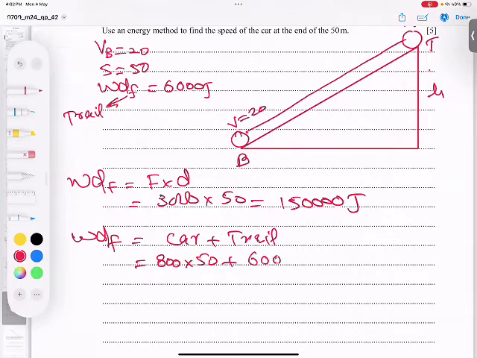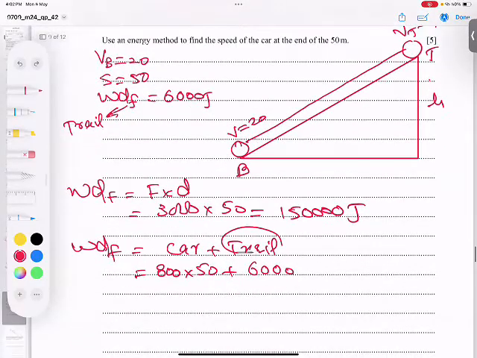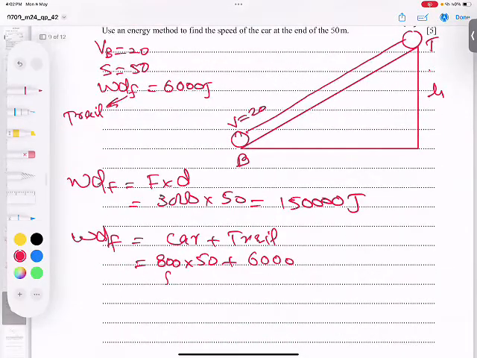And this is given by him already. You see, this is joules. It means there is no need to calculate, it is given by him. So if we calculate 800 into 50, let me check the mass of car. Sorry, friction is 800, correct. So small f into d. This is small f into d. I'm getting here, and if I add plus 6,000, I'll get 46,000 joules. Okay, students, I think it is clear. All right, this is done.